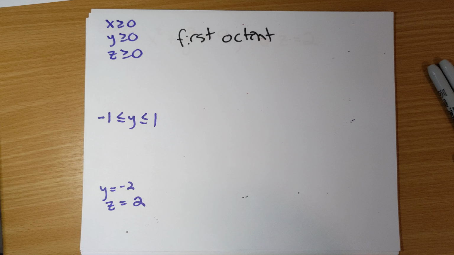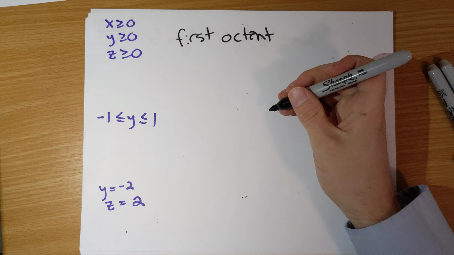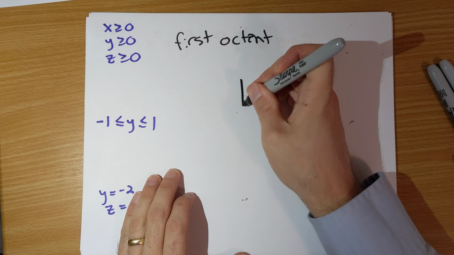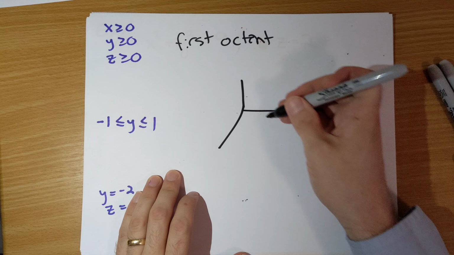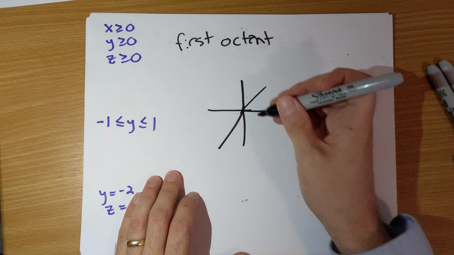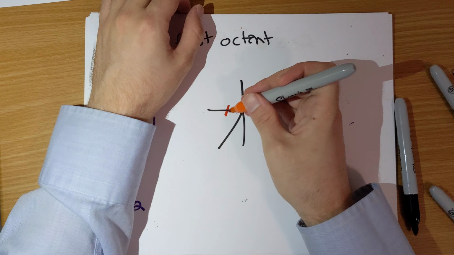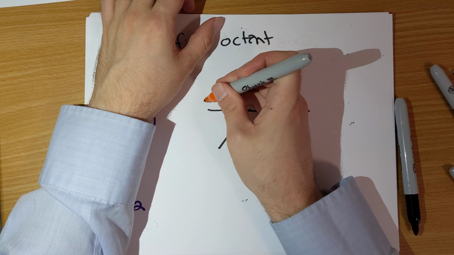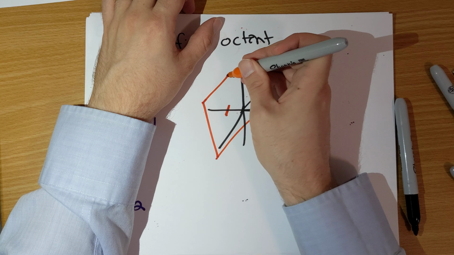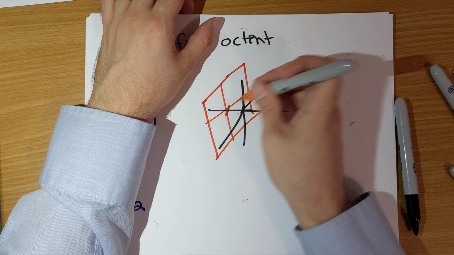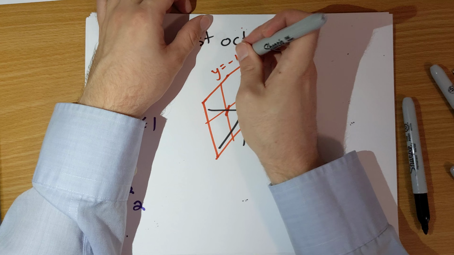y is greater than or equal to -1, less than or equal to +1. This is going to look like a slab. So there would be a plane here for y is equal to -1.